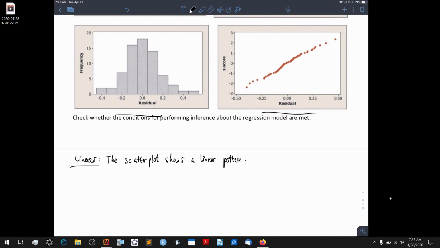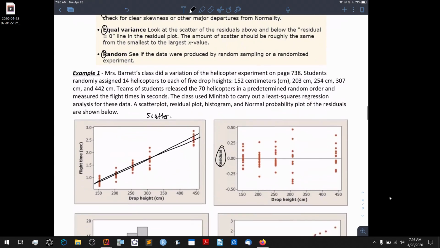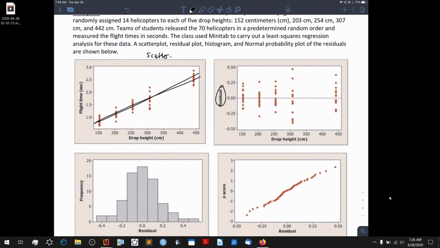okay? And then the other thing we have to check is that the residuals are scattered around the line residual equals 0 in a fairly random pattern. So I mean, we don't really see a pattern here of how this is being scattered.